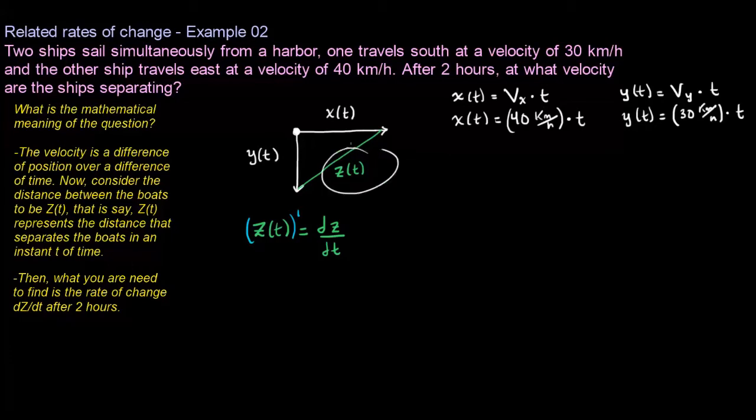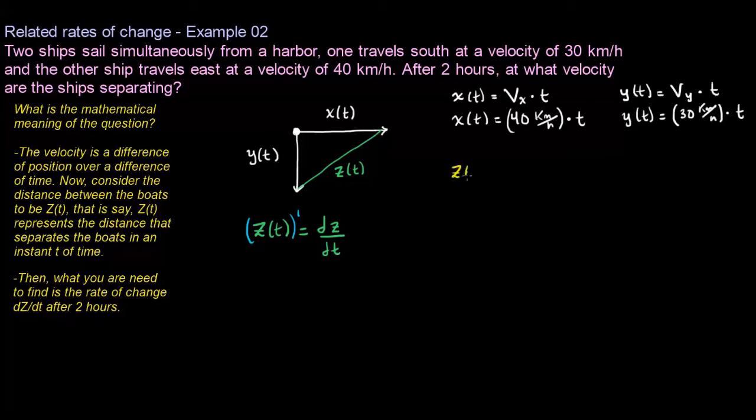We have to first find c of t in order to get to this dc over dt. Well, luckily we have our good old friend called Pythagoras that could help us out here. So I'm going to write down here. So we know that this relationship will remain all along. I'm just going to use a different color, this one.